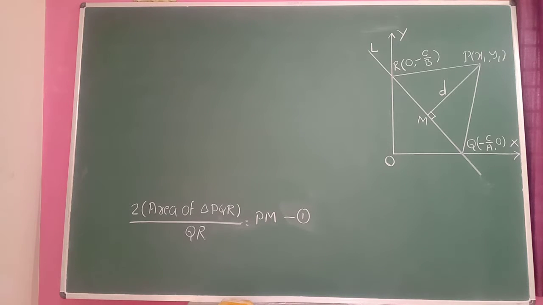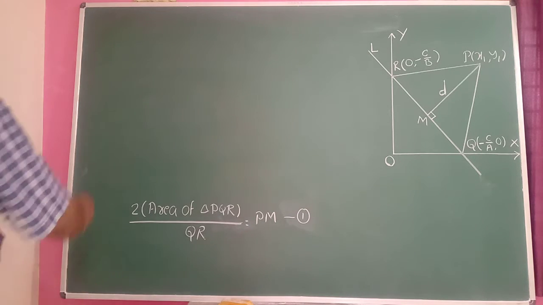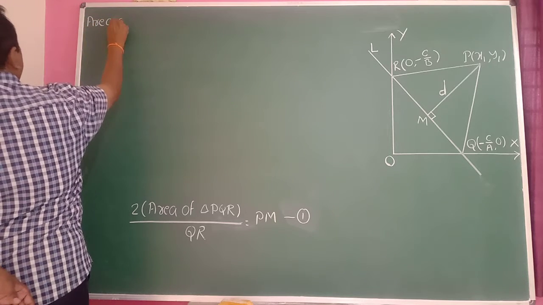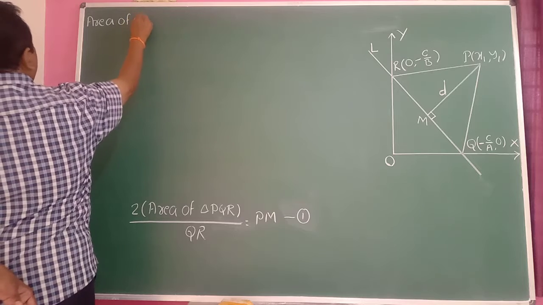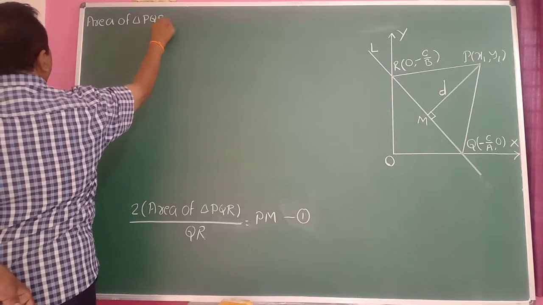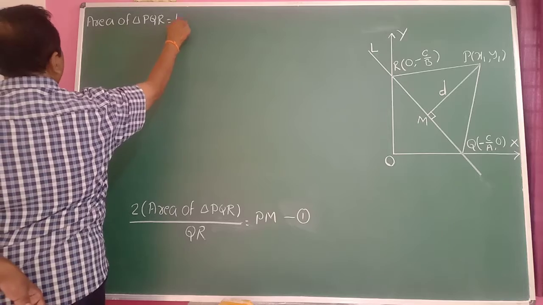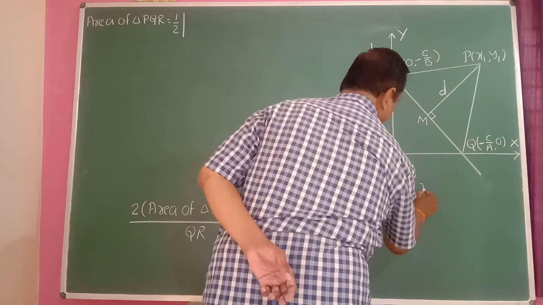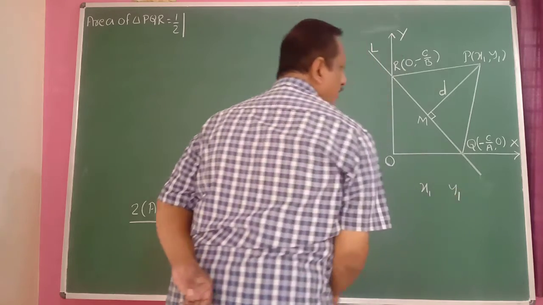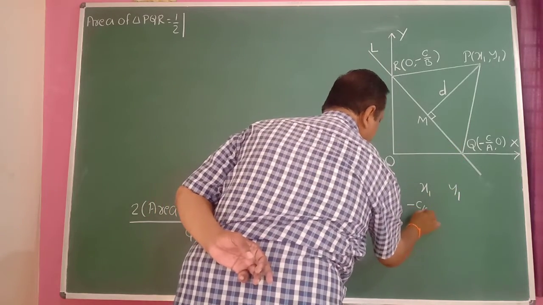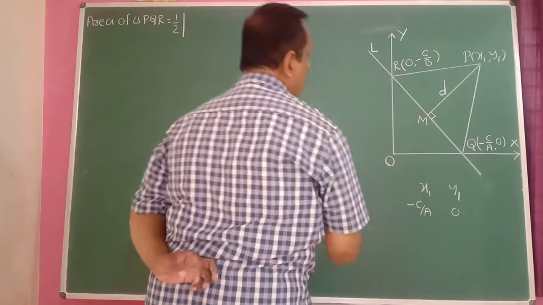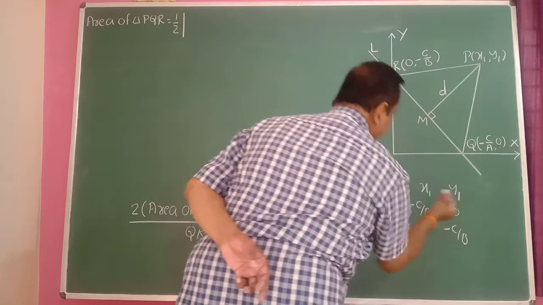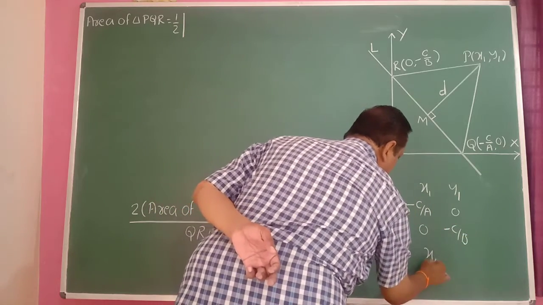Take the area of the triangle PQR. Area of triangle PQR is equal to 1 divided by 2 into modulus of: coordinate of P is (x1, y1), coordinate of Q is (minus c upon a, 0), coordinate of R is (0, minus c divided by b), and repeat once again (x1, y1).